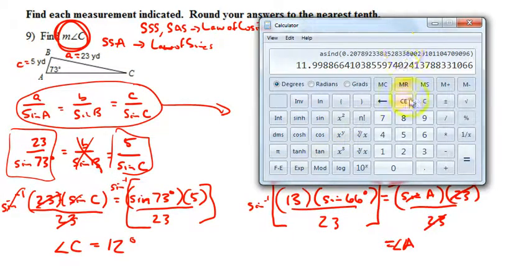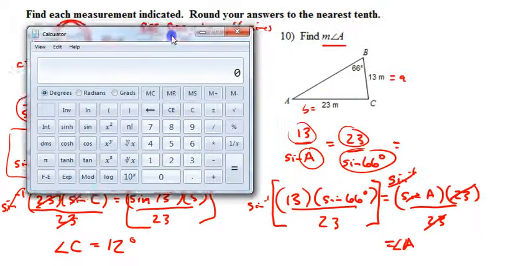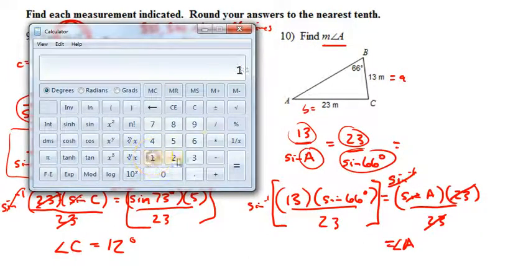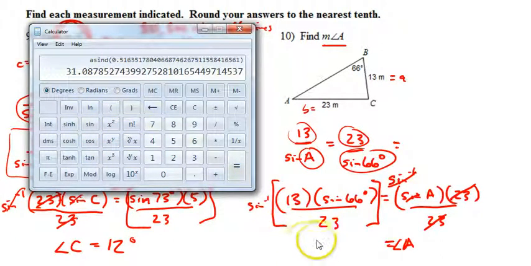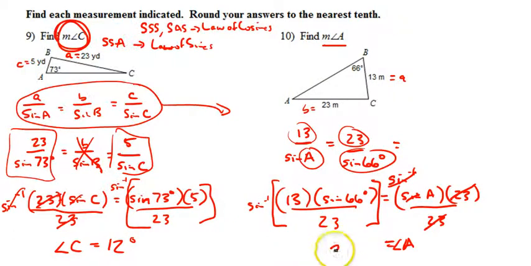Doing that in here: 13 times sine of 66, divided by 23, equals, and then take the arc sine afterwards, the inverse sine, not hyperbolic sine. 31.08, so to the nearest tenth of a degree, that's 31.1 degrees. That's angle A.